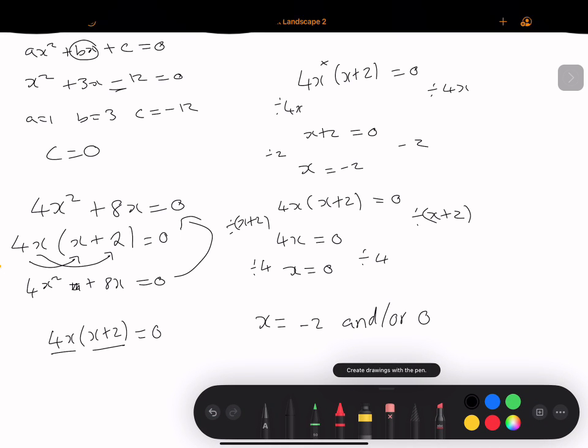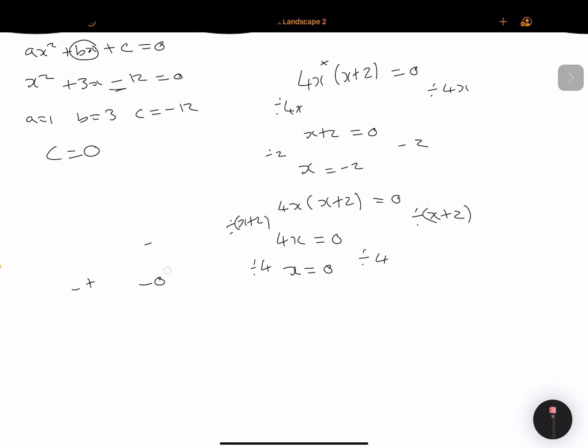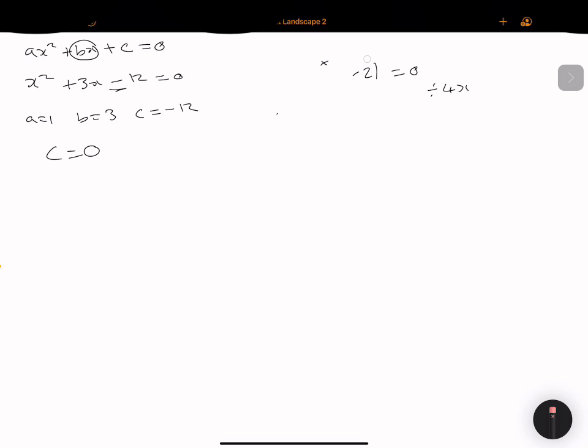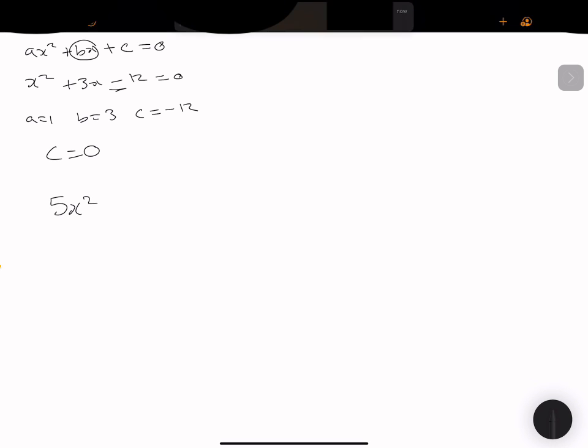Okay. So let's do another one. Let's get rid of all this. Okay, so we're going to do 5x squared plus 20x equals 0. Okay.